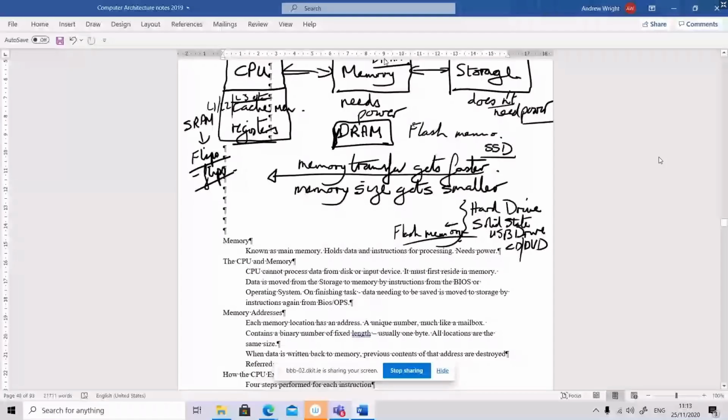They both need power. That's not the distinguishing thing. Static holds the memory all the time if you've got power; dynamic needs refreshing. They're held by capacitors, and the capacitors lose charge, so they need to be refreshed.